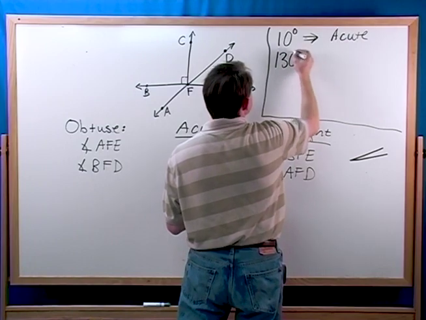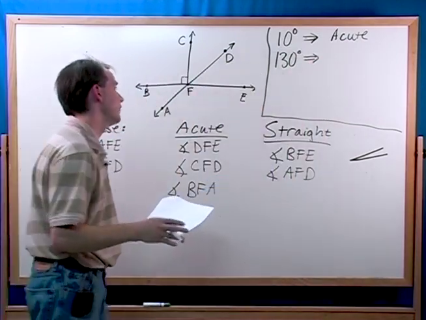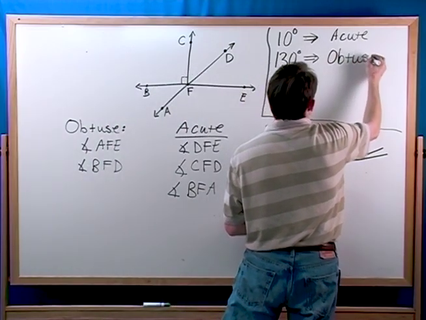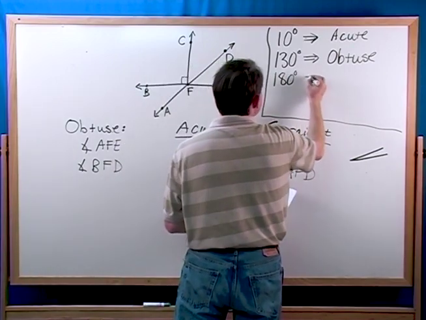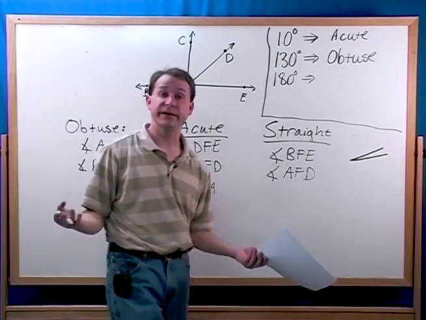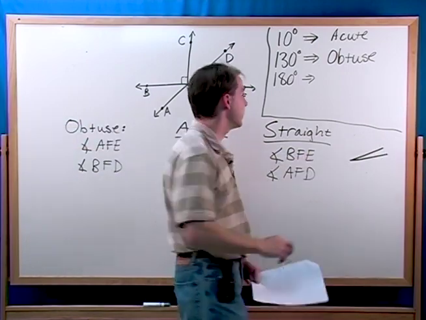130 degrees. Is it less than or greater than 90 degrees? That's all you have to ask yourself. It's greater than 90, so that's obtuse. Okay? 180 degrees. Is it less than or greater than 90? Well, it's greater than 90 degrees, but it's a special case that 180 degrees is the straight angle, right?